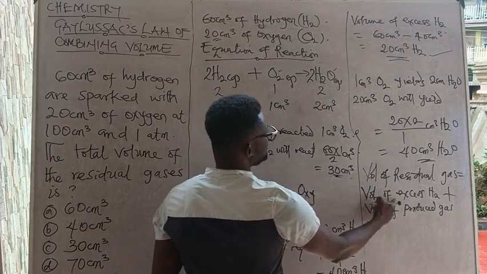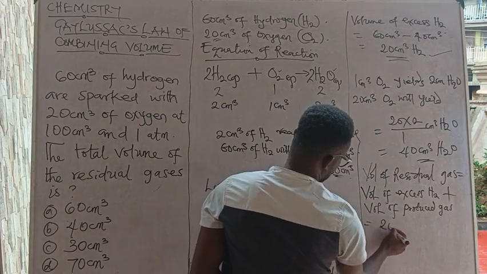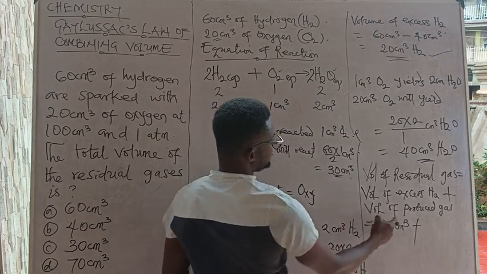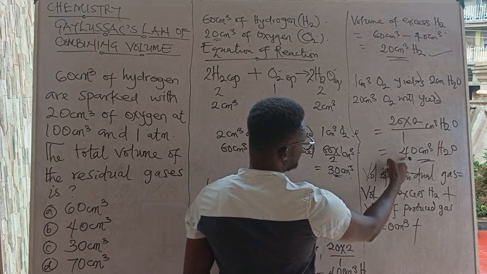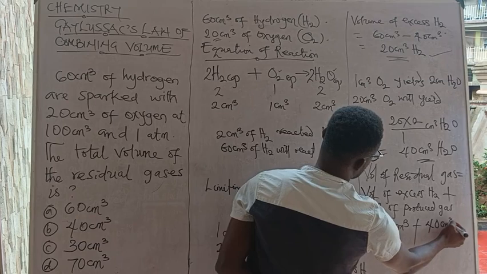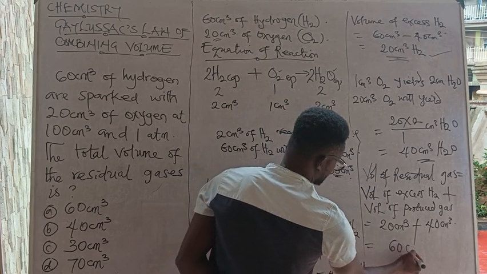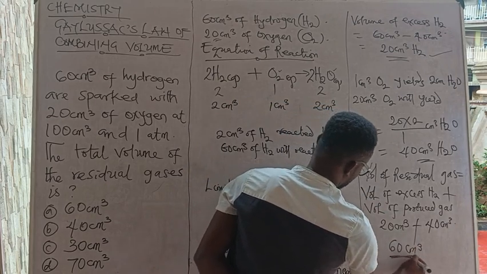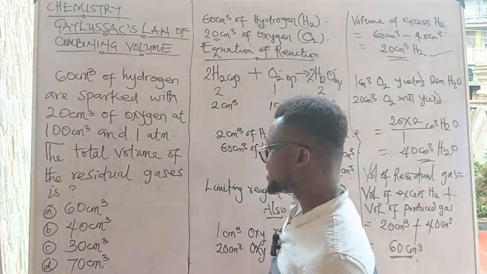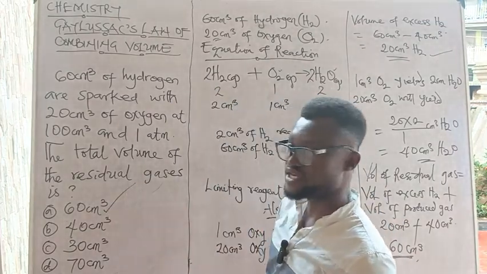The volume of excess hydrogen, we have it to be 20 cm cube, plus the volume of produced gas. We have the produced gas as 40 cm cube of steam. So if you add it together, we are going to have 60 cm cube of gas, and that gives the residual gas. So we check the option that matches the one we obtained. So it now becomes option A.